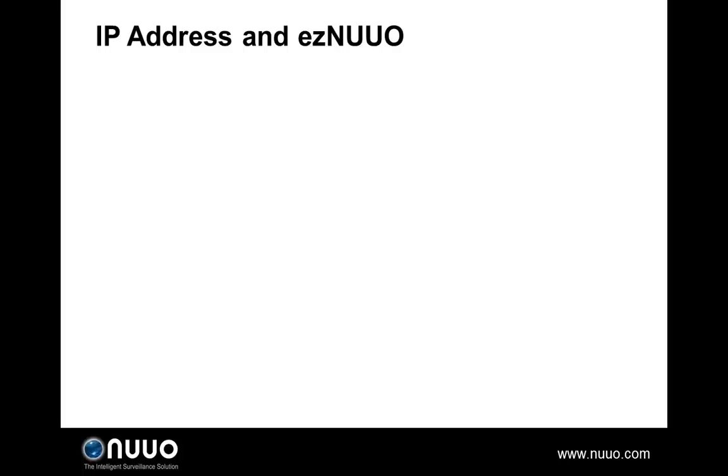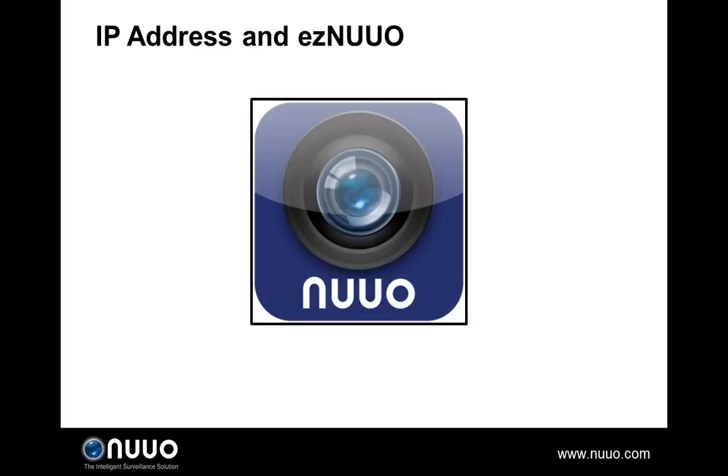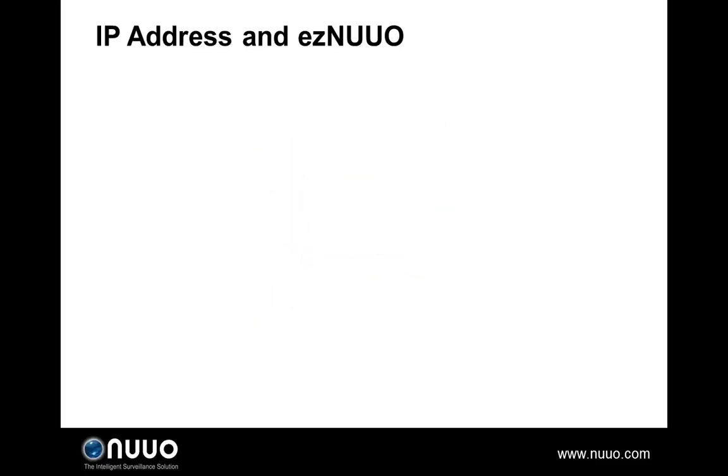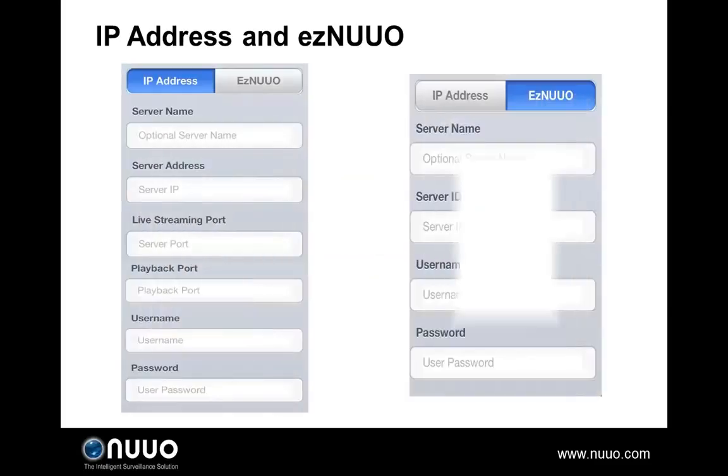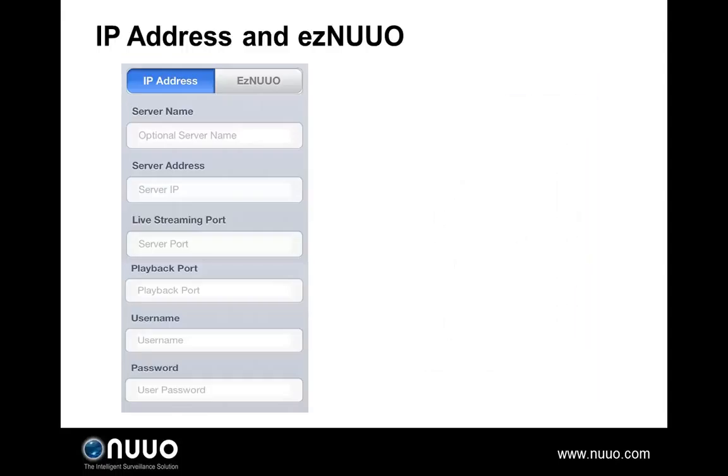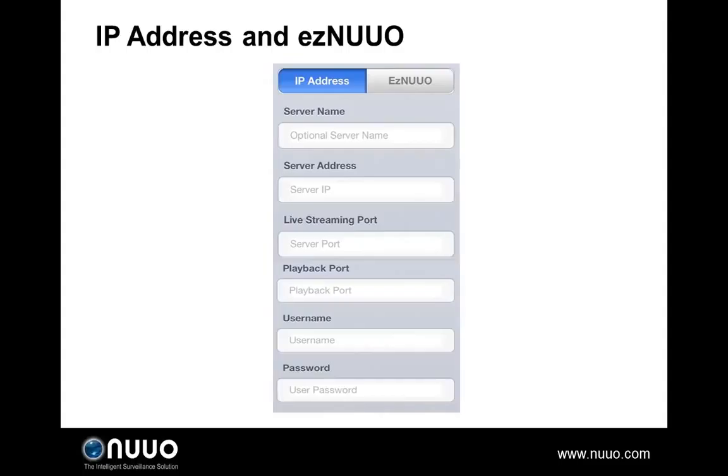In order to access ezNUUO from your mobile phone, you will need to use the NUUO iViewer application. There are two methods for the connection, using IP address or using ezNUUO. The IP address connection is a traditional one and can be used by other NUUO products with remote mobile client access.